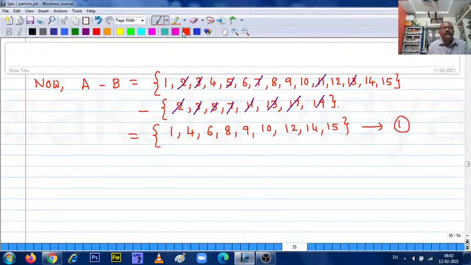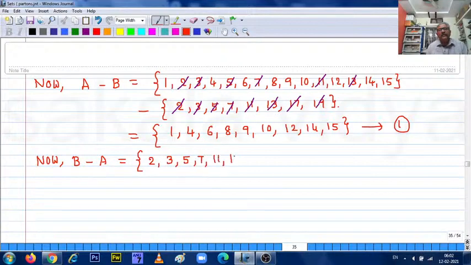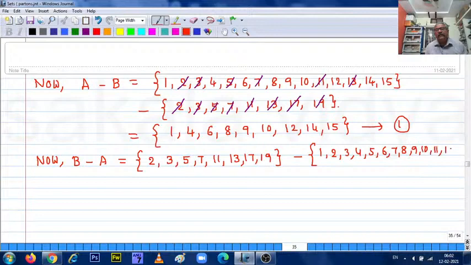So now let us find B minus A. What is B? 2, 3, 5, 7, 11, 13, 17, 19, they are the prime numbers, minus the natural numbers less than 16, that is 1, 2, 3, 4, 5, 6, 7, 8, 9, 10, 11, 12, 13, 14, 15.